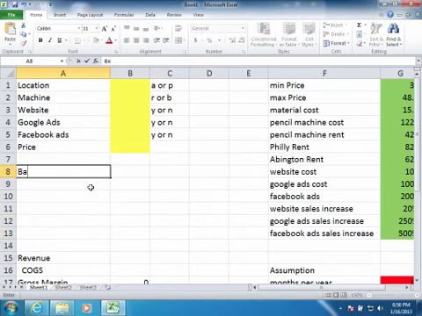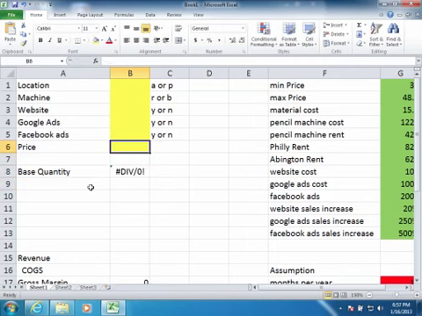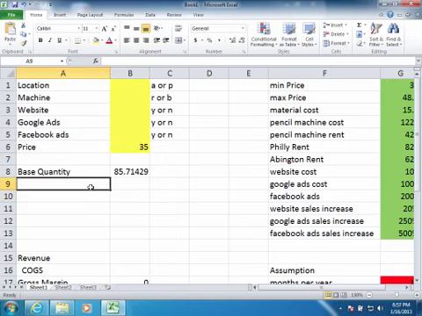So I'll have my base quantity. My base quantity comes from the equation, which says that quantity is equal to 3,000 divided by price. And if the price is the minimum of $35, then my quantity is 85.71429.